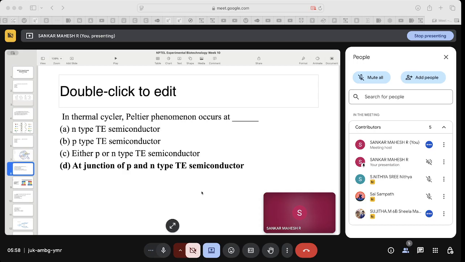Right. So this will have a different temperature other than 95 degrees. Right, right. And after annealing, what other step do we have? Right. And so here, what is the temperature that we use?